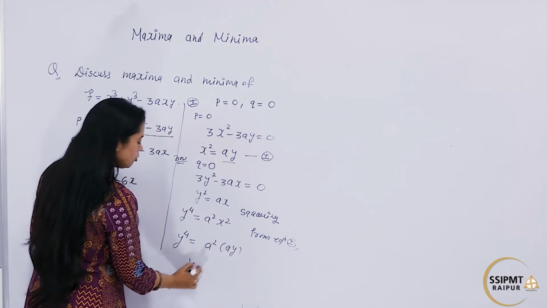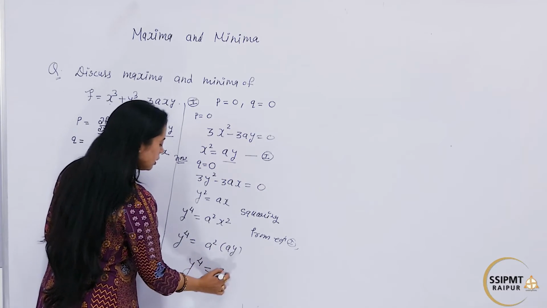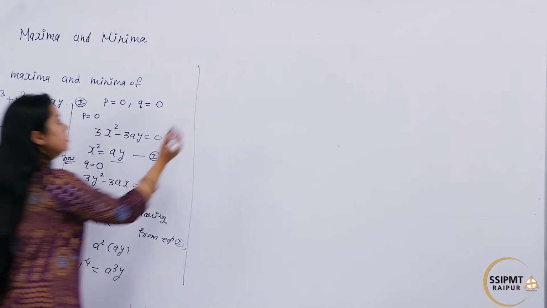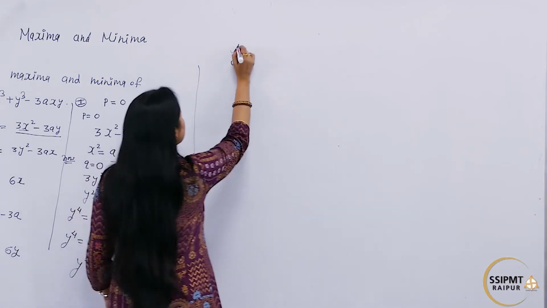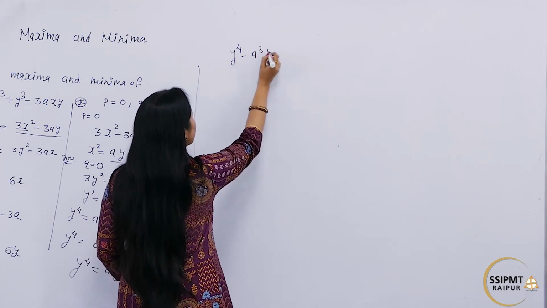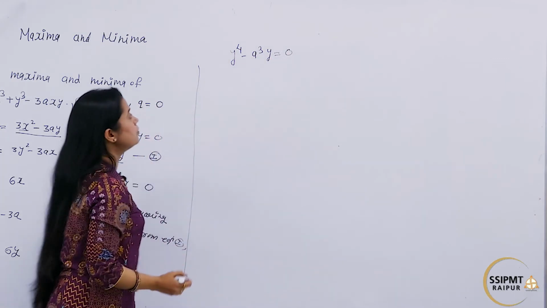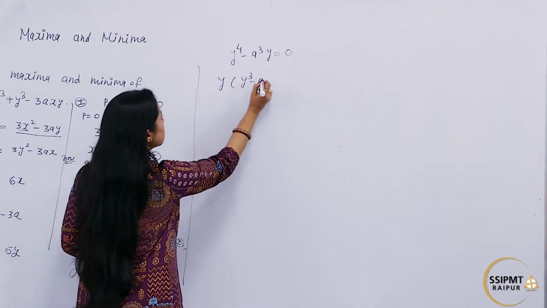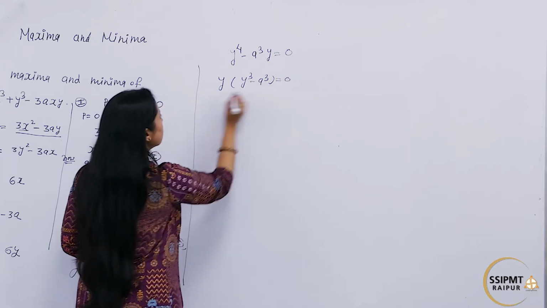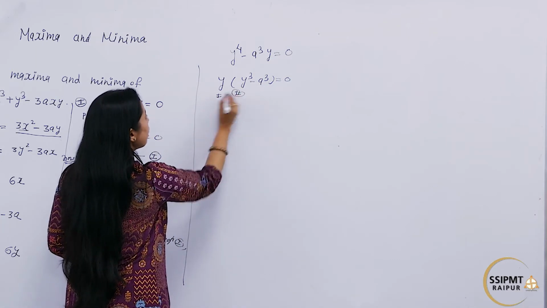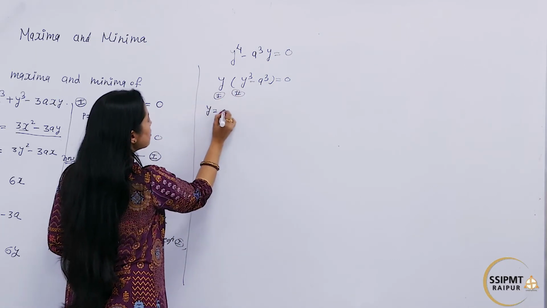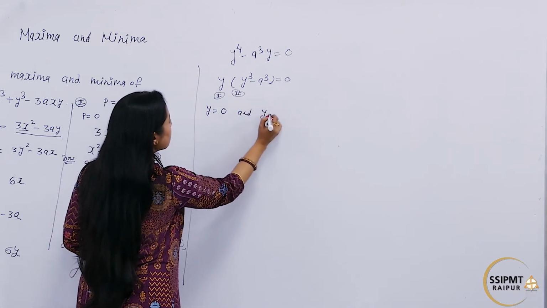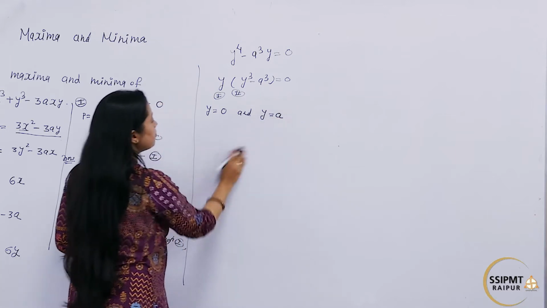That means y to the power 4 is equal to a cube y. So y to the power 4 minus a cube y is equal to 0. If we take y as common, it will be y cube minus a cube is equal to 0. So we have y equal to 0 and y equal to a.